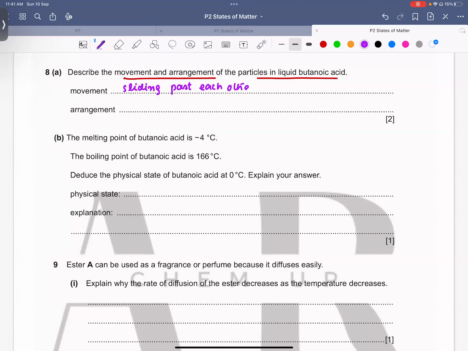Arrangement: random and irregular. Yes, random and irregular, and particles are not in fixed positions. Right?